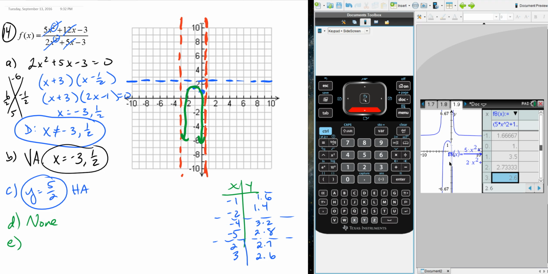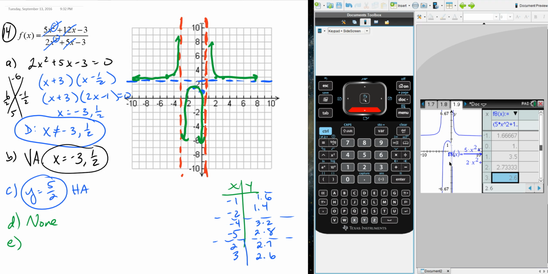Negative 4 is 3.2. Negative 5 is 2.8. So this one's going to go like that. And 2 is 2.7. 3 is 2.6. Those are pretty close to the asymptote. And they look something like that.